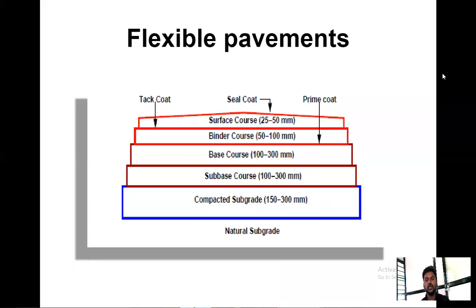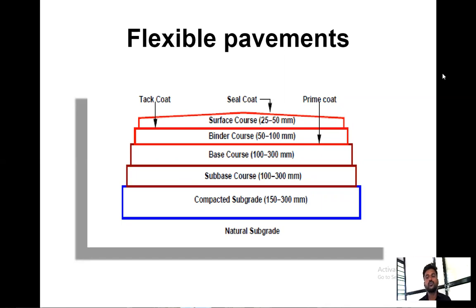Then we provide the compacted subgrade, which means that if there is a soil layer, we compact it with compactors. Then we provide the subbase course, and again we go with compaction. Then we provide the base course, then the binder course, and then we go with the surface course.